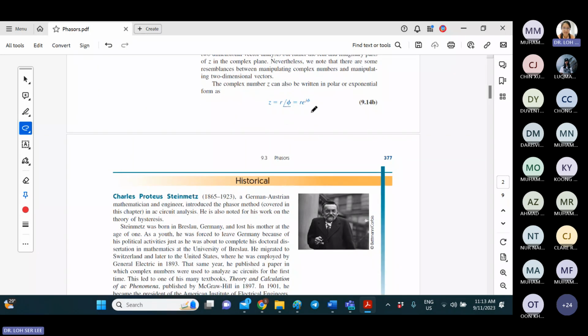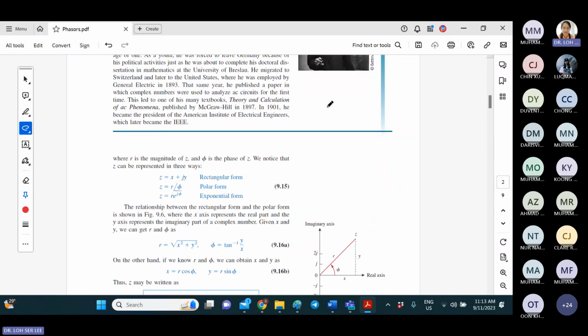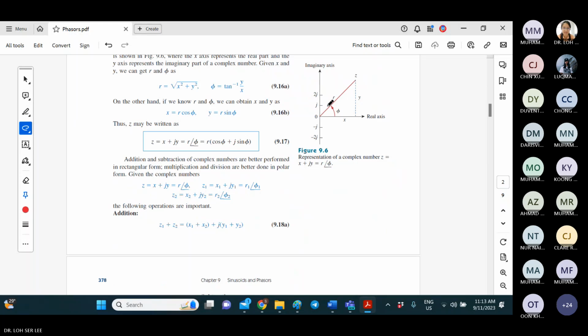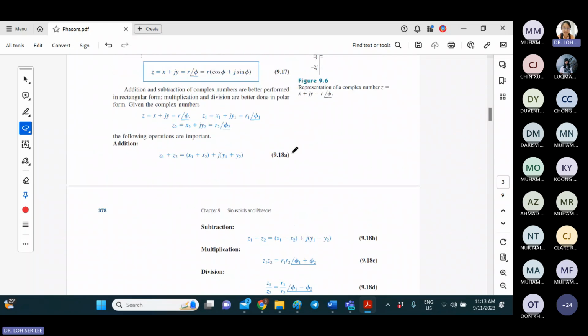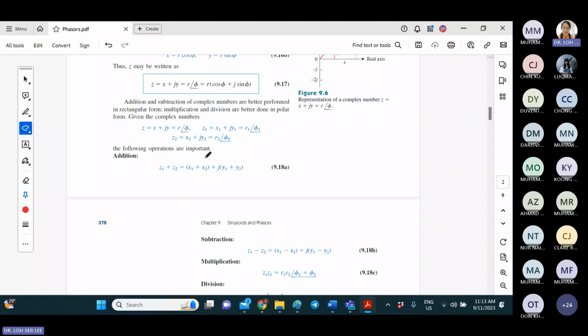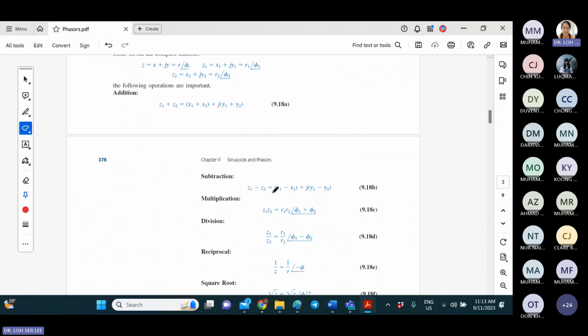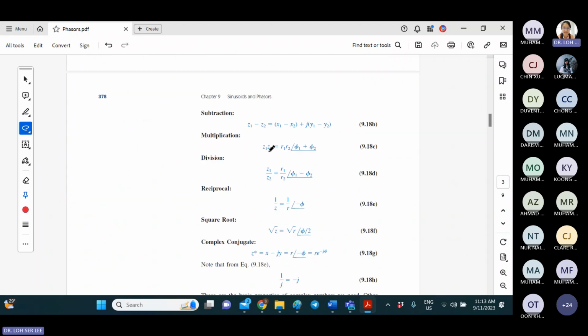You have learned about this; these just repeat the operations: summation, subtraction, multiplication.